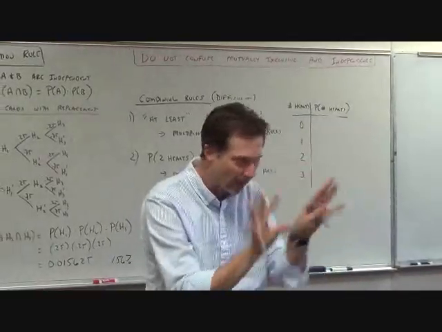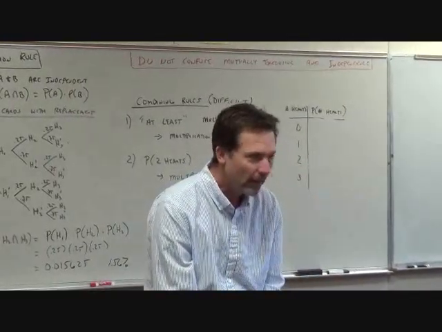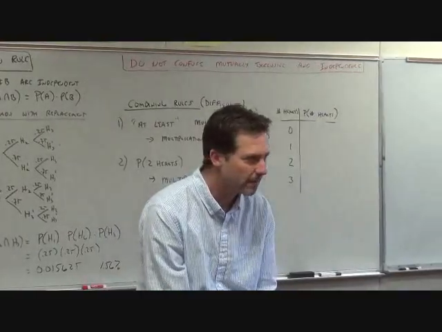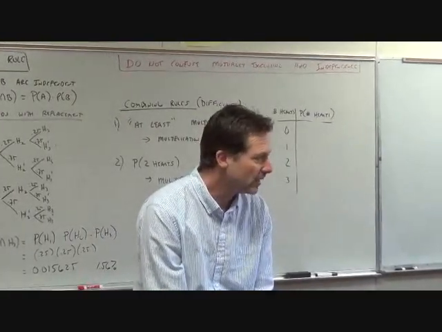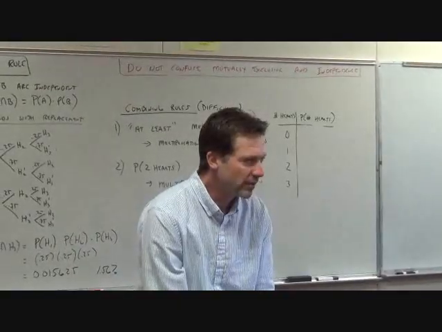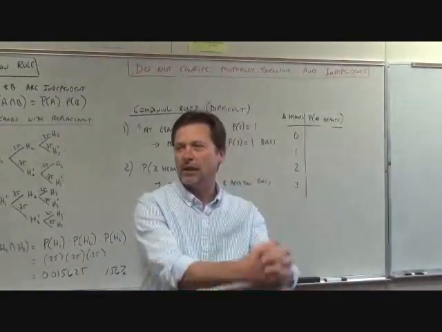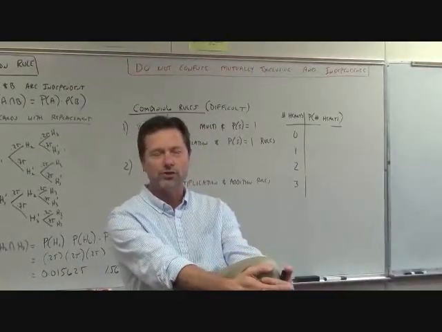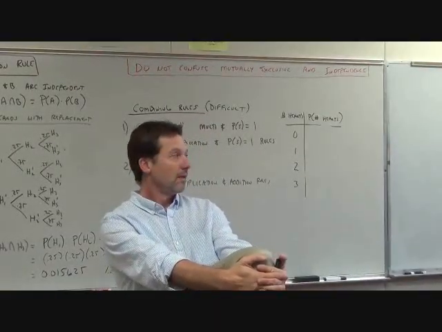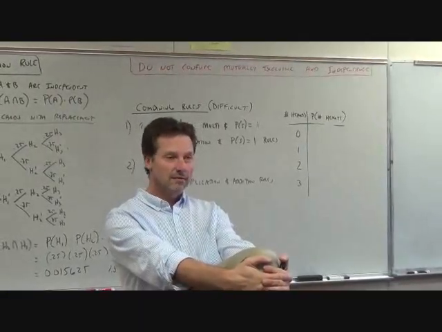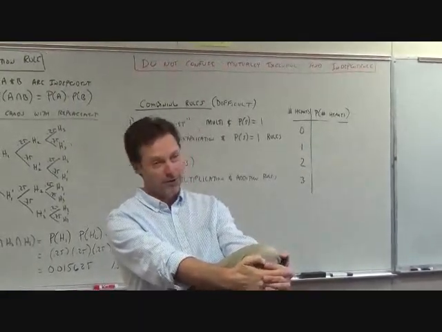This is the only way it works. If two events are mutually exclusive, then think about that and fill in the blank. If you know two events are mutually exclusive, then those two events must be, and you have two options here, independent or dependent.